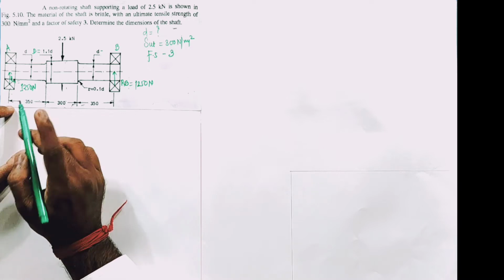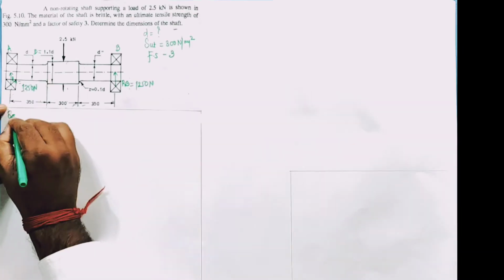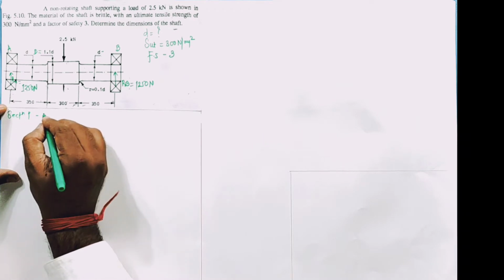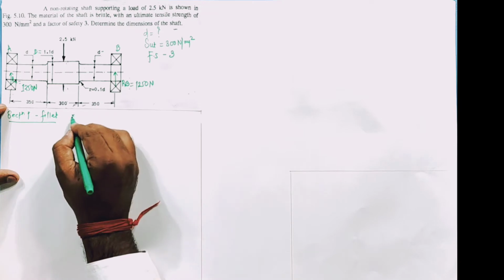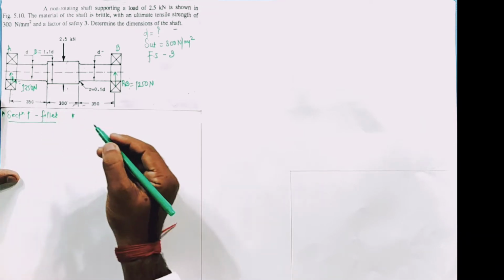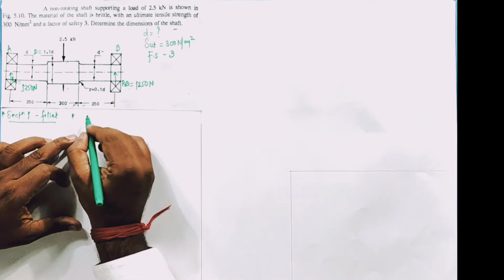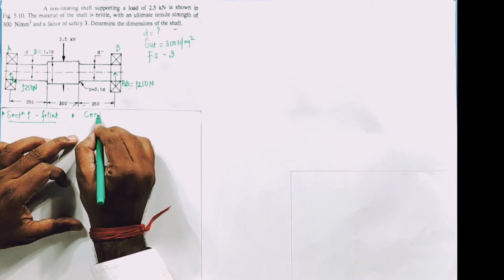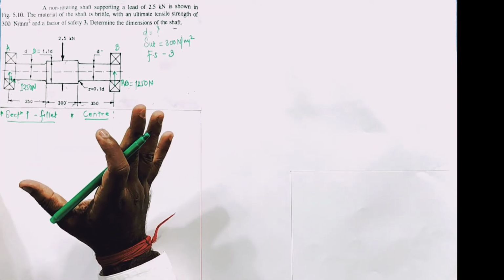So for this case, I will have to consider the first section, called with respect to fillet. So section first, fillet, with respect to fillet, correct? And section second, load is acting at a center, so center. So the second section is when load is acting at a center, correct? So those two sections we will have to take.